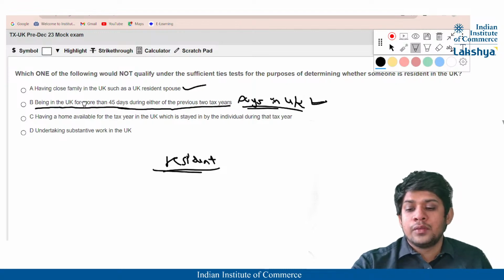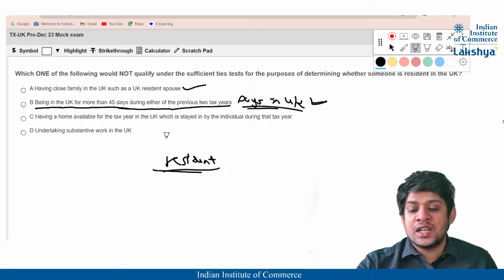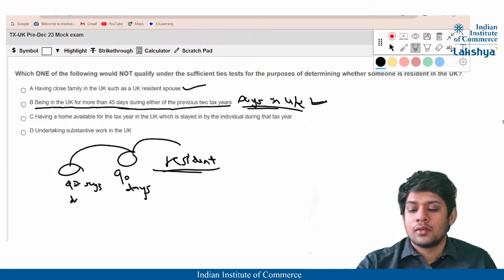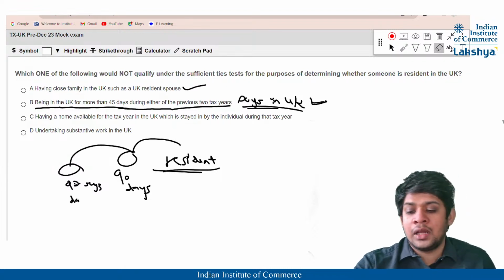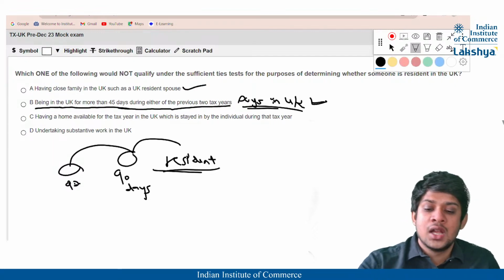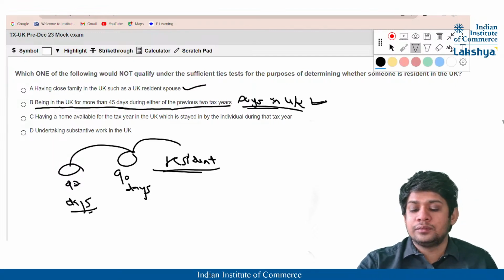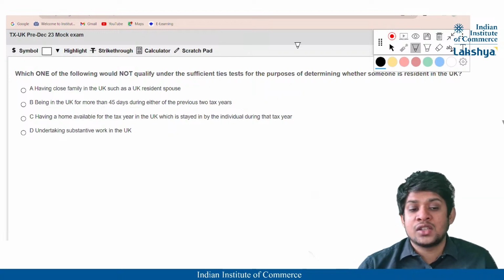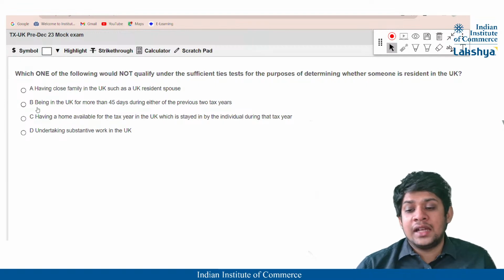The condition is that if you have stayed in UK for at least 90 days in the previous 2 tax years, then this tie of days in UK is met. But they mention more than 45 days, so this tie is not genuine. The tie requires 90 days in the previous 2 tax years in UK. So option B is going to be the incorrect option.